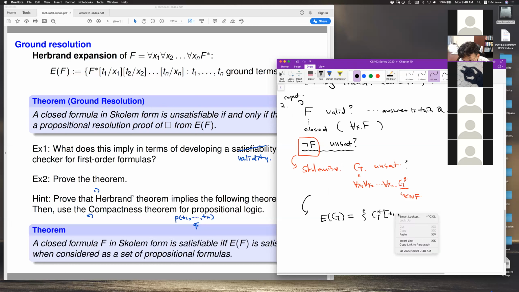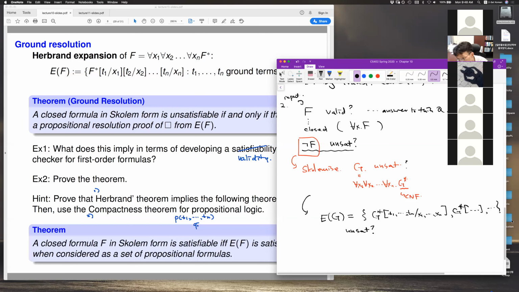which is G star with closed terms t1 up to tn replacing x1 to xn, and G star with a different replacement, and so on. We have to check whether this is unsatisfiable.